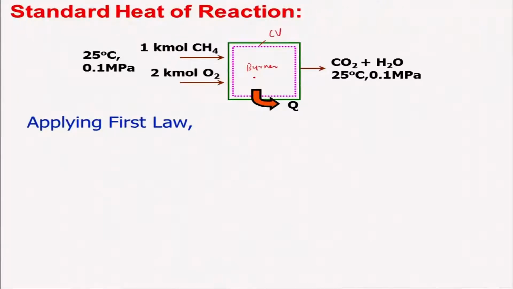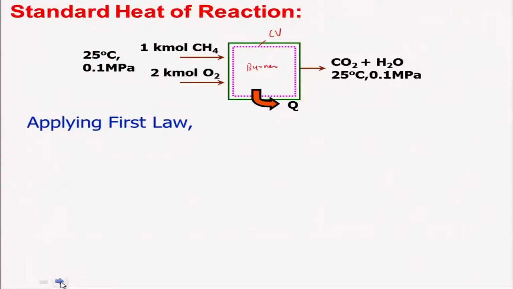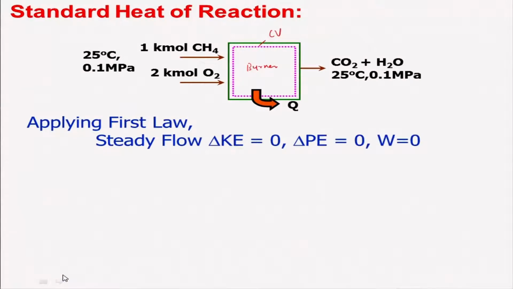We can say that the change in kinetic energy will be negligibly small, and so also the potential energy. And we can assume it to be a steady process, and there is no work done.